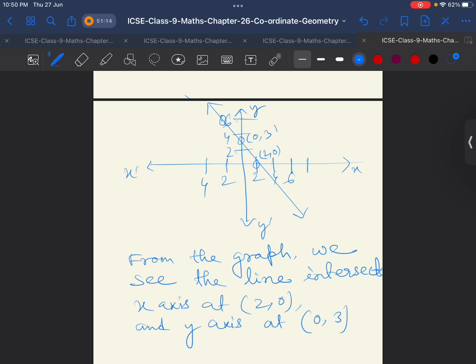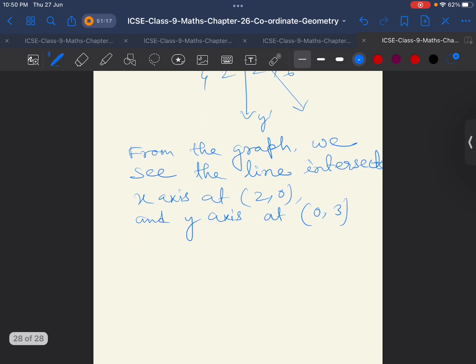This is the point (2, 0) and this is (0, 3).